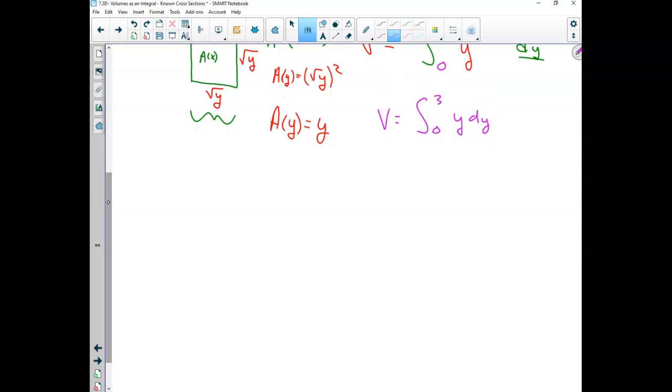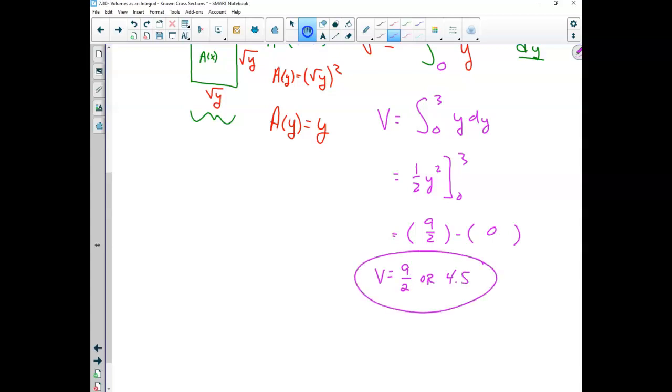But here, the volume is going to equal 1/2 y squared evaluated from 0 to 3, which is, hold on, back it up here, top minus bottom. If I put 3 in there, 3 squared is 9, divided by 2 is 9/2. 0 divided by 2 is 0, so my volume equals 9/2, or 4.5 for the decimal freaks.